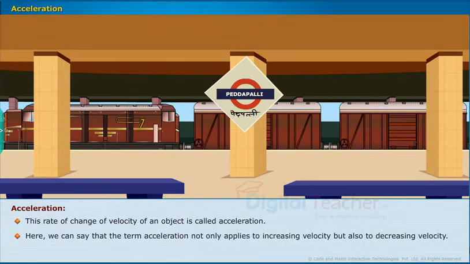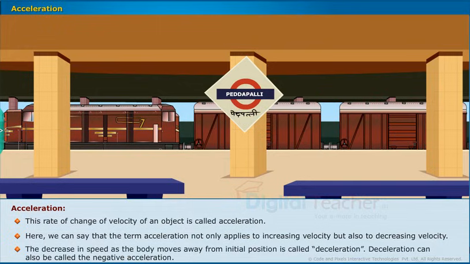Here, we can say that the term acceleration applies not only to increasing velocity, but also to decreasing velocity. The decrease in speed as the body moves away from the initial position is called deceleration. Deceleration can also be called negative acceleration.